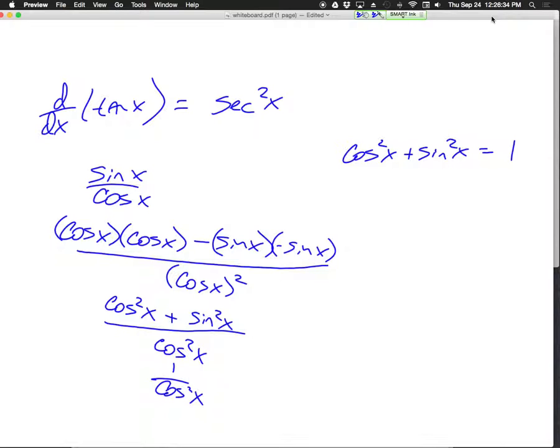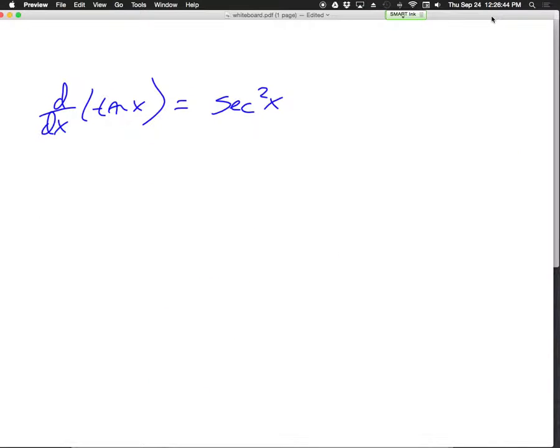Okay? Now we could go through the same process to find the derivatives of the other three, but I don't feel it's necessary. So we're going to go ahead and give you the other three derivatives. Any thoughts on what the derivative of cotangent is going to be? Negative cosecant squared.